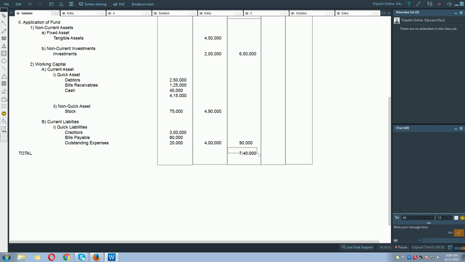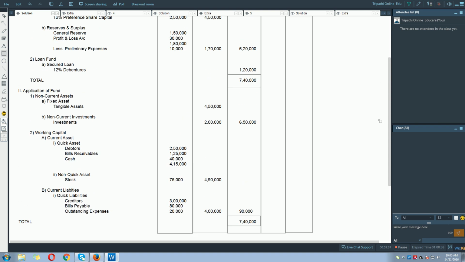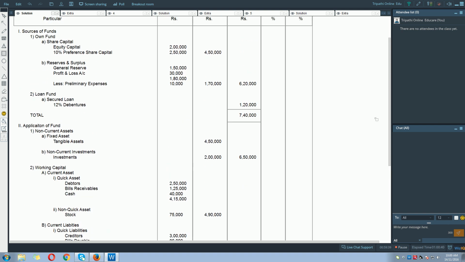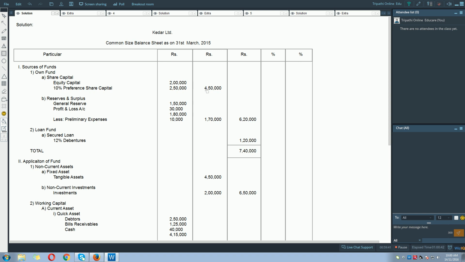Total current liability is 4 lakh. Now if you subtract current liability from current asset, you will get working capital, which is 90,000, right?